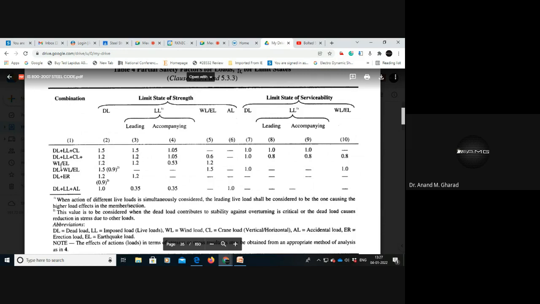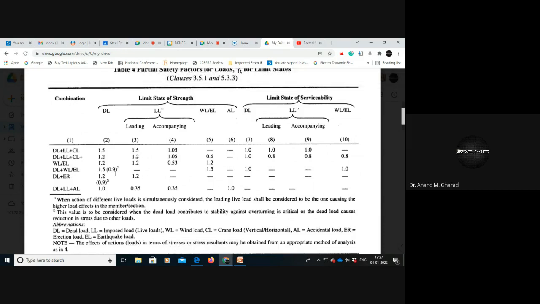Because of this combination there is an overturning effect, isn't it? Overturning may occur, and in order to incorporate that overturning effect, this dead load value is reduced. This value is actually taken from the British standard Eurocode.